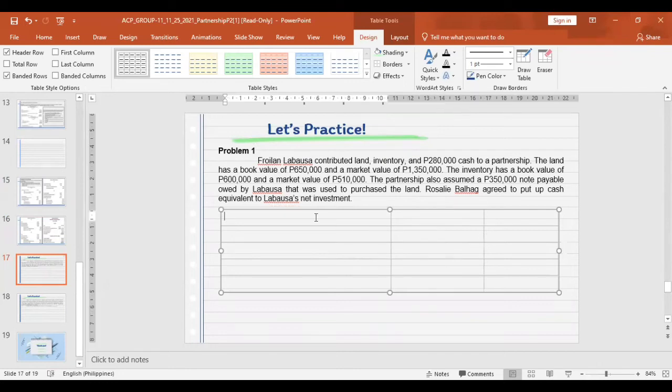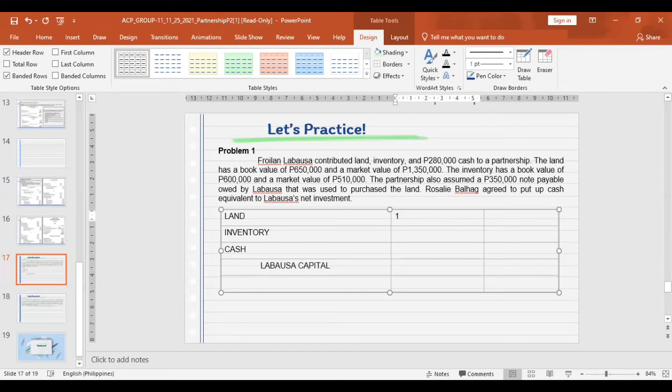Sabi dyan, nag-contribute daw ng land, inventory, tsaka cash. So, record natin yan. Land, inventory, tsaka cash, labaw sa capital. Yung land daw niya, may book value na 650, pero yung fair market value is 1,350,000.